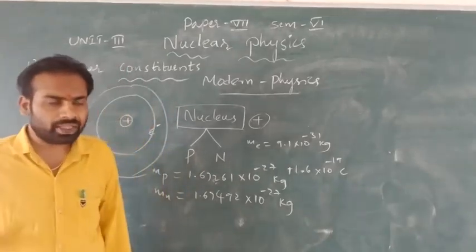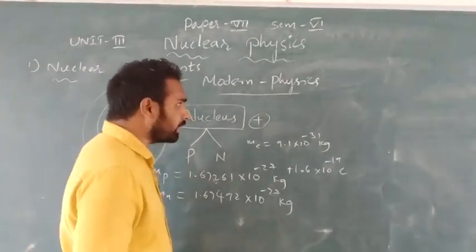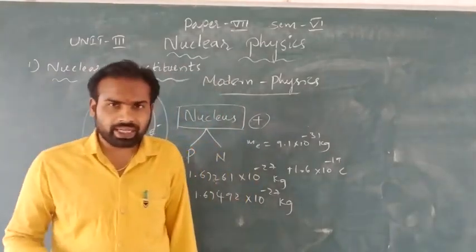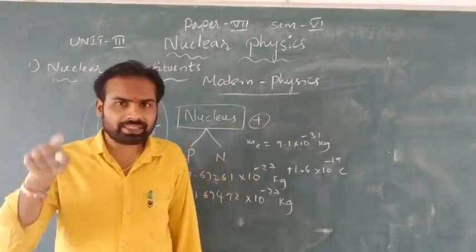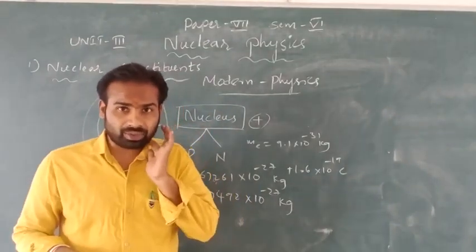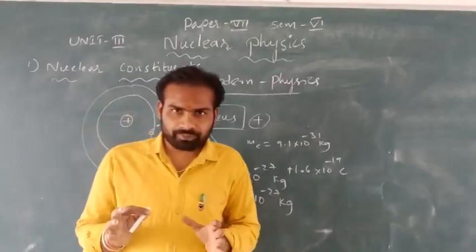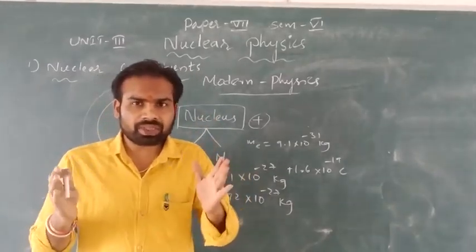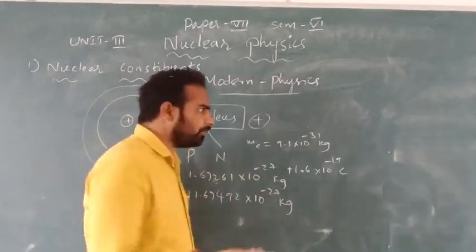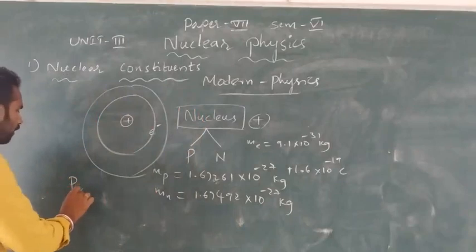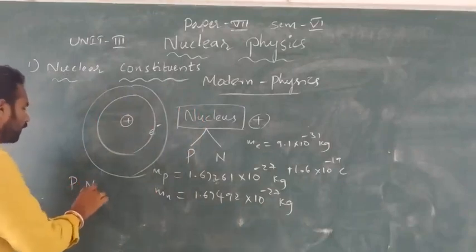Now the question is, why do we study nuclear physics? We know that the nucleus consists of protons and neutrons, and the protons are positively charged. According to Coulombic forces, positive charges repel.